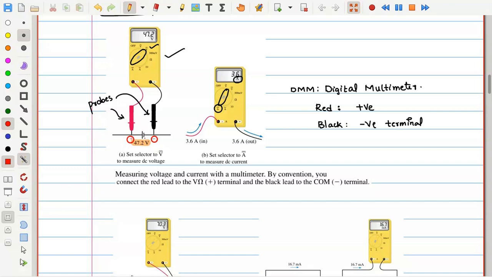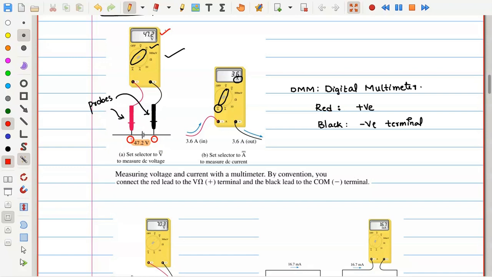Now I want to see the same reading on the meter, the voltmeter. So what shall I do? Whichever is the red terminal, you place it on the battery positive terminal, and the black probe on the negative terminal, so that you will see 47.2 on the meter.